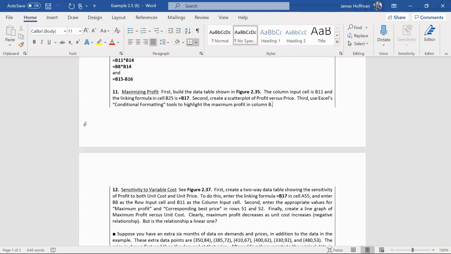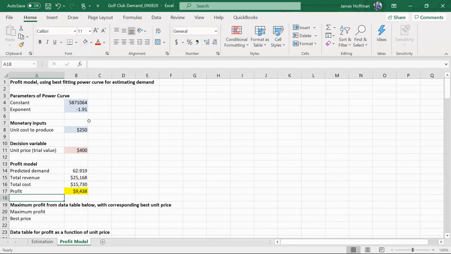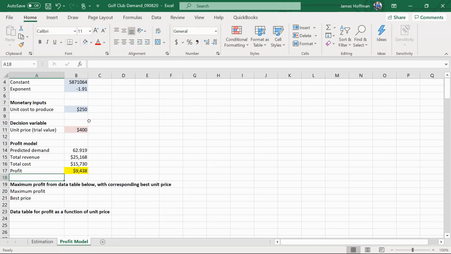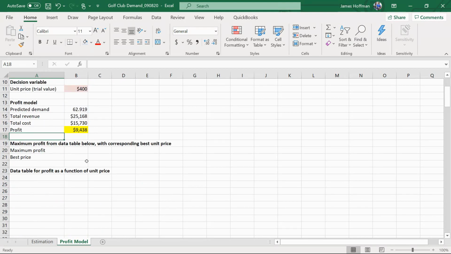Okay, back to the spreadsheet. Go down to where it says data table for profit as a function of price. That's what we're doing now, making that data table. It's got a few titles. In A24, let's call this unit price.